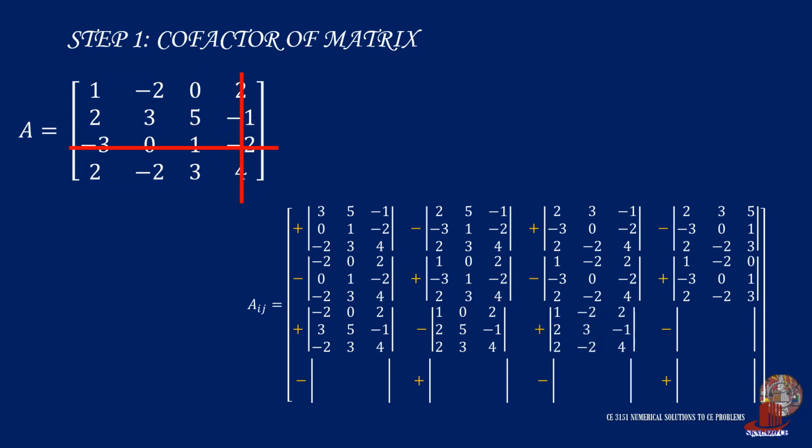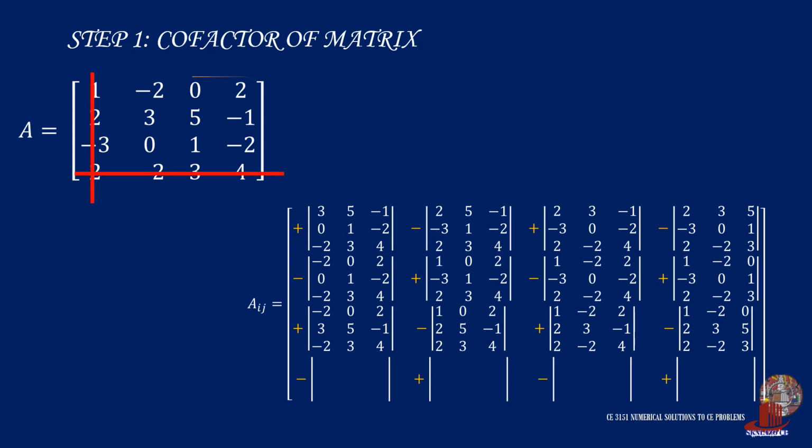Let's complete the third row by filling out element A34. Those elements remaining after the cover are placed in the determinant. We are now at the fourth row. Covering the first column gives negative 2, 0, 2, 3, 5, negative 1, 0, 1, and negative 2 be the minors for the determinant.